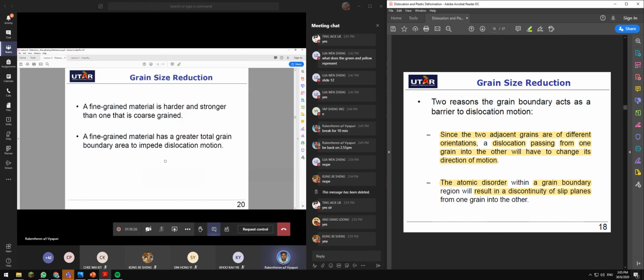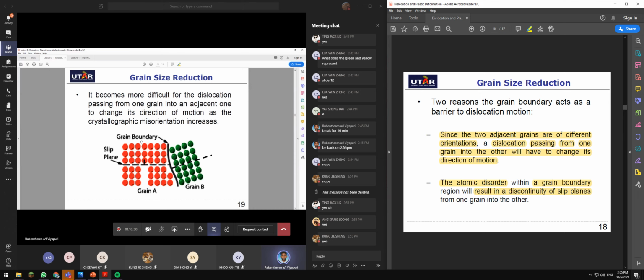Now, the key point is that grain boundaries hinder dislocation movement. So in a material, you need to have lots of grain boundaries to hinder dislocation.